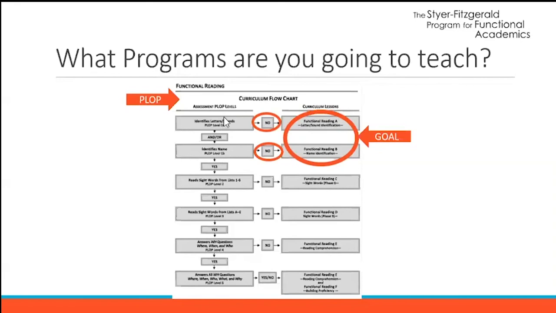So because your student couldn't do either of those skills, you're going to go across to the curriculum lessons and pull those lessons for identifying sounds, matching sounds and letters, and identifying name. And those are going to be what you put under functional reading in their student program data book.